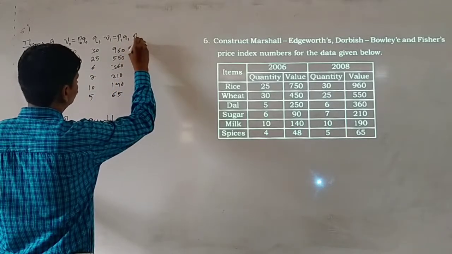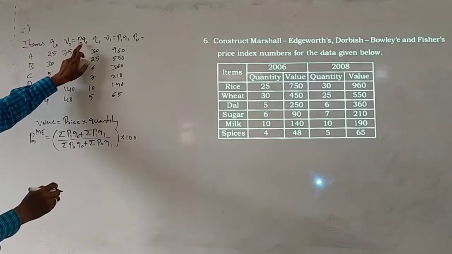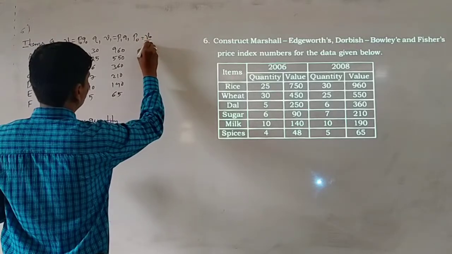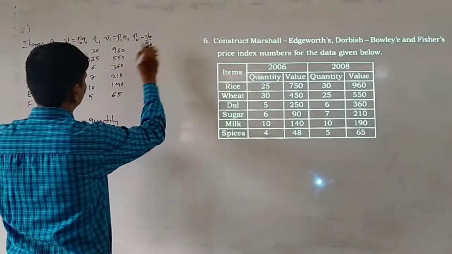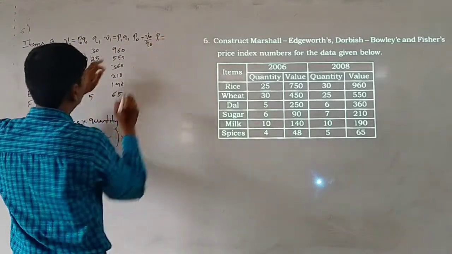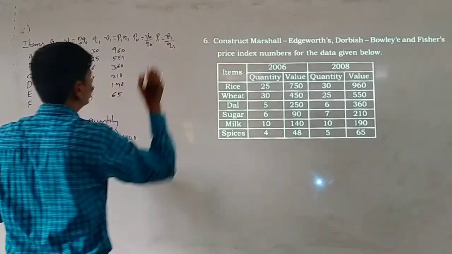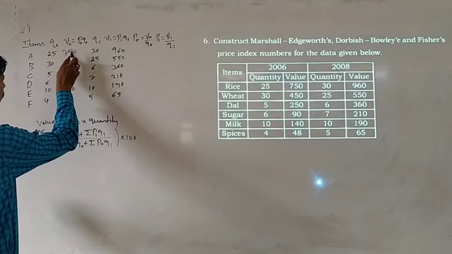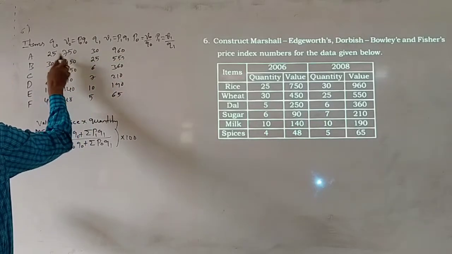P0 equal to V0 by Q0, and P1 equal to V1 by Q1. Here first you have to find P0 value, that is V0 by Q0.